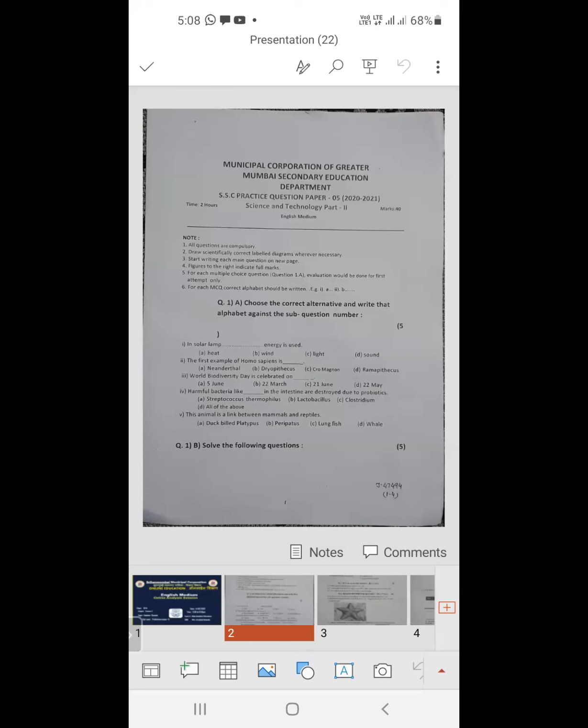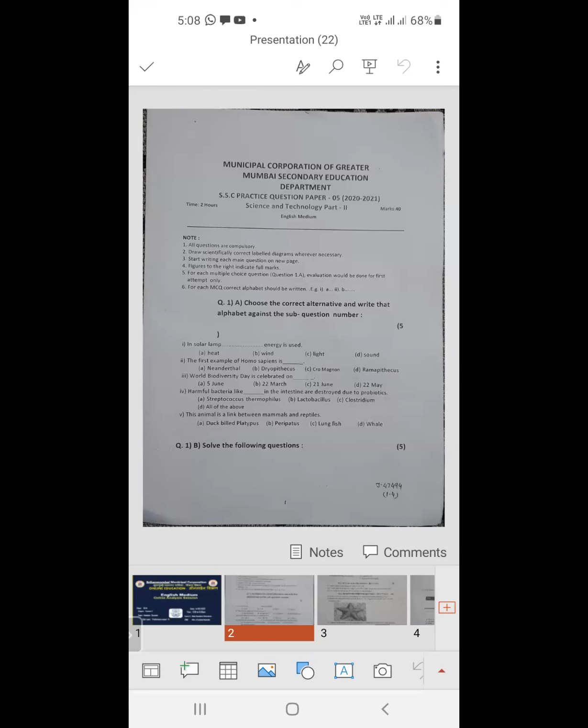In this paper you are not allowed to use the calculator. The numbers to the right of the questions indicate full marks. So on the right side the marks are given and they are full marks.